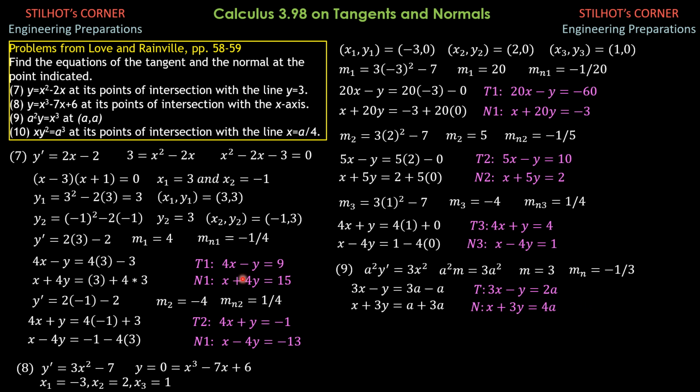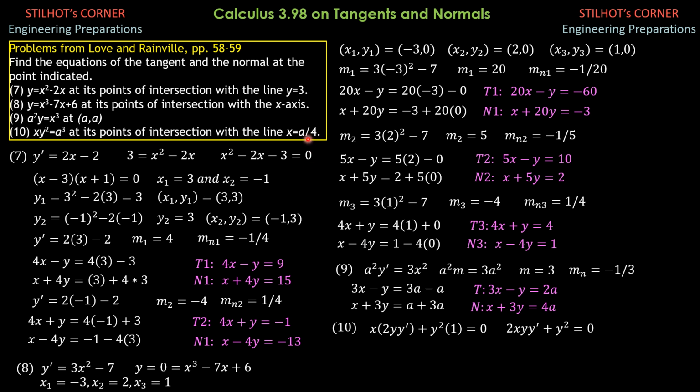And for problem 10, let's analyze this first here, and let's continue on the next slide. So this is derivative of product. So number 10, x times 2y y prime plus y squared times derivative of x, 1, equals 0. So rearranging, 2xy y prime plus y squared equals 0.